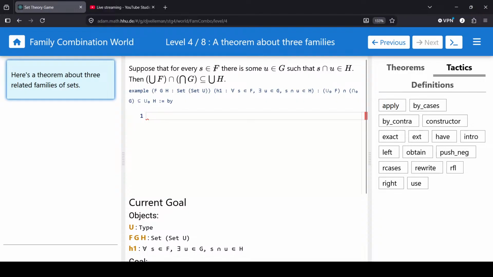Oh, so this is a subset of S and U, because it's whatever's in both S and U, and that's in H, a different family. So the union of the sets in F intersected with the intersection of the sets in G is a subset of the union of H.